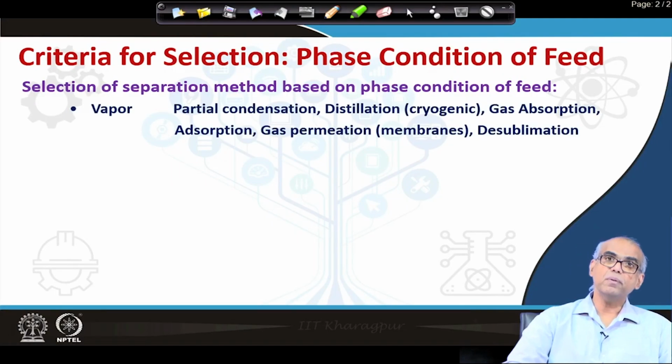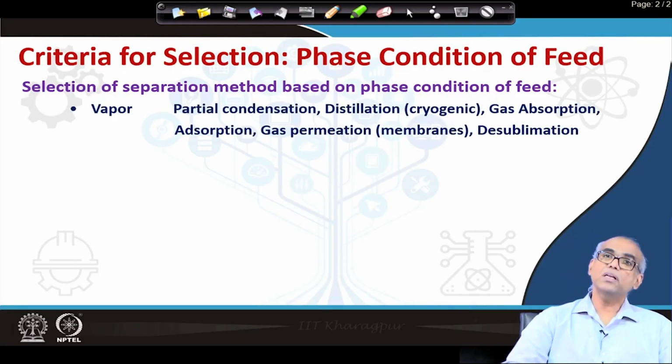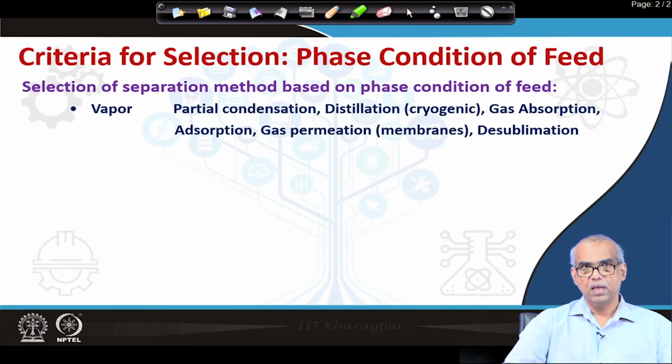If the feed is vapor, then we can select separation methods such as partial condensation, which is the opposite of flash or partial vaporization, distillation under cryogenic condition, gas absorption, adsorption, gas permeation using membranes, desublimation.